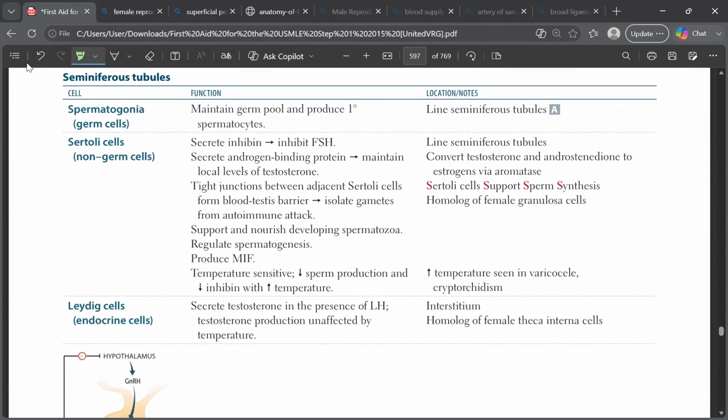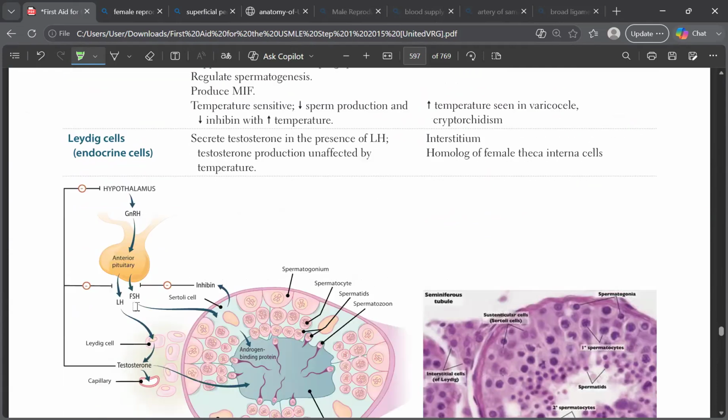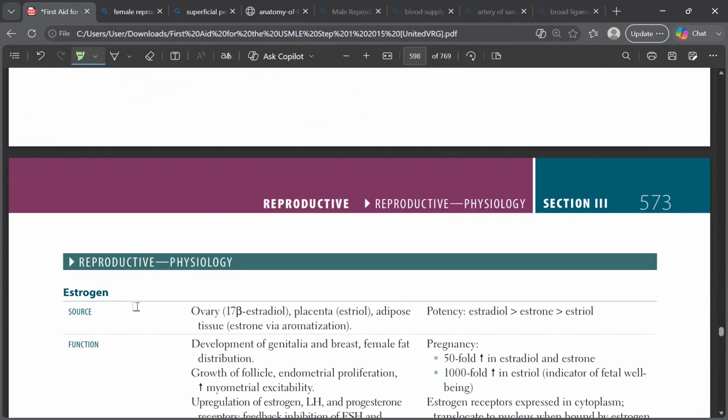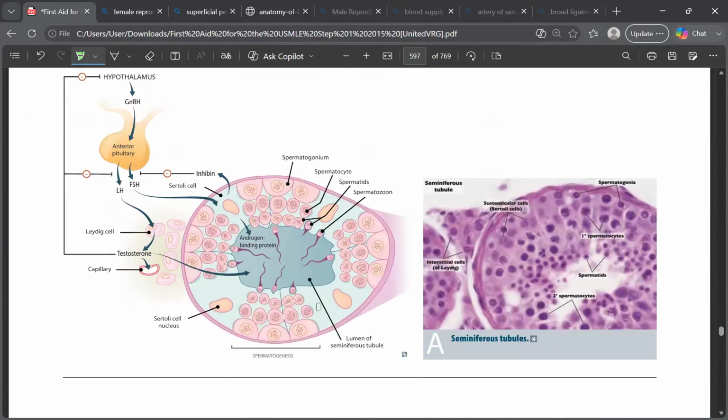Next are the seminiferous tubules. They have spermatogonium germ cells, Sertoli cells, which are non-germ cells, and Leydig cells, which are endocrine cells. So here is a diagram of the seminiferous tubules. This is the lumen of the seminiferous tubules. This is the spermatozoon. These are the spermatids. This is the spermatocyte.